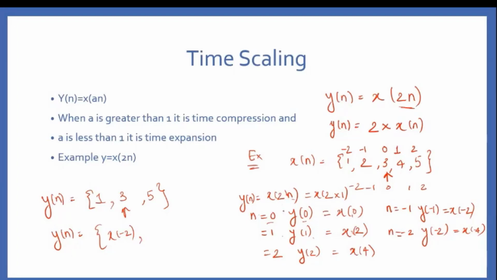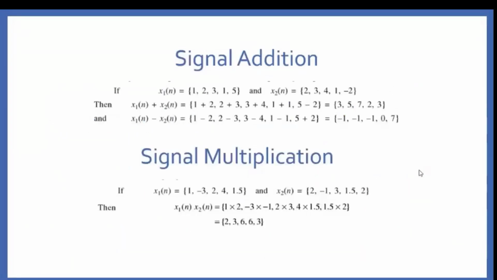Then I have y[0] equal to x[0] and y[1] equal to x[2], correct? This is what we have got. I have just substituted the values from this example. Clear everybody? So the next operation, now these are very simple, you just have to add and multiply pointer to pointer.